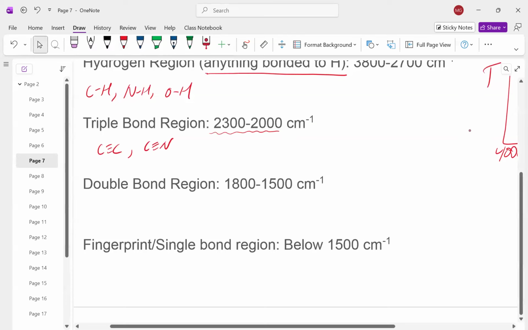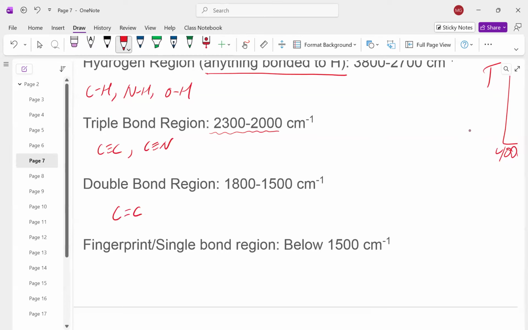And then the double bond region next is around 1500 to 1800. That includes carbon-carbon double bonds and carbon-oxygen double bonds. Anything below 1500, we call the fingerprint region. That's also where carbon-carbon single bonds and carbon-oxygen single bonds are going to be. We don't usually look here.